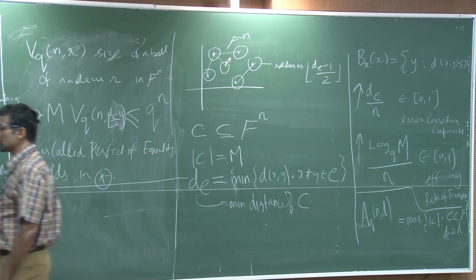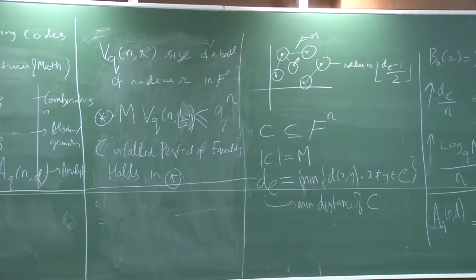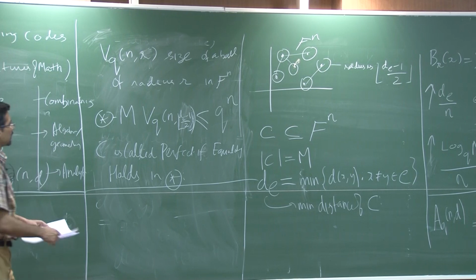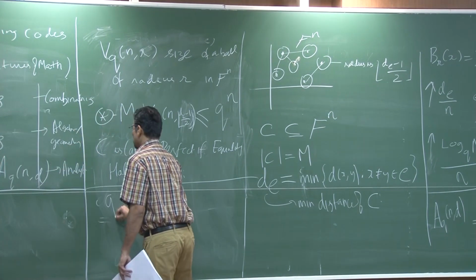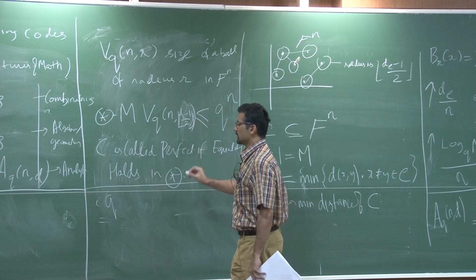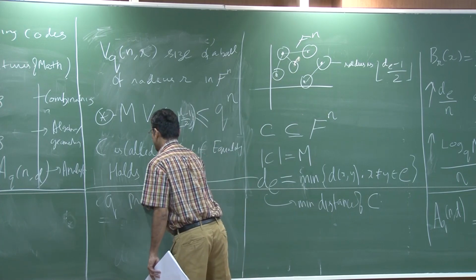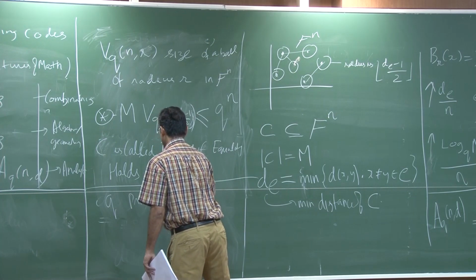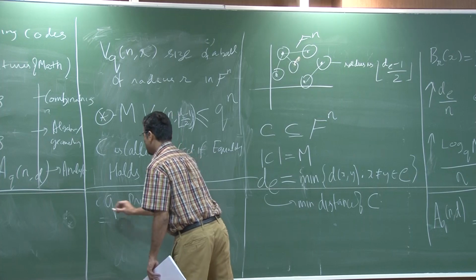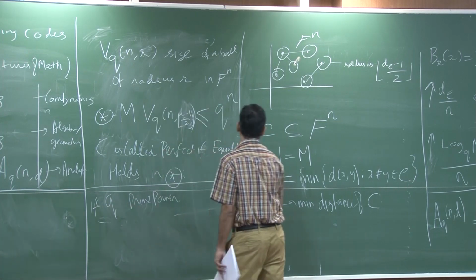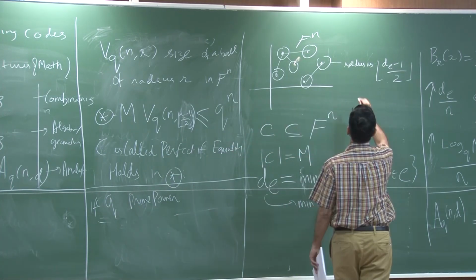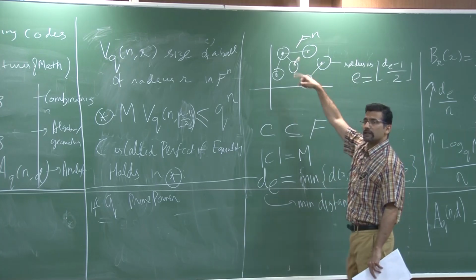People started asking these questions and they found, okay, if q is a prime power, if this alphabet size, what is q? The alphabet size, if it is a prime power. So I will tell you some theorem here. Let me call this number e, the radius of these balls.